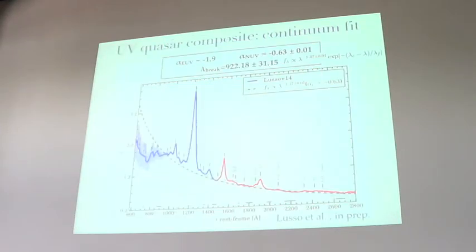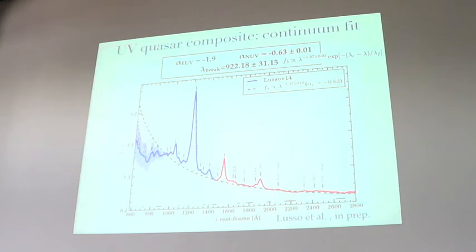And now I can give you some numbers. So this is again the Sloan composite, the WFC3 composite corrected for IGM. We can fit a continuum, masking the lines, and it seems that a power law here fits pretty well with the data, with a slope of minus 0.63, but it doesn't go through the composite at lower wavelength.